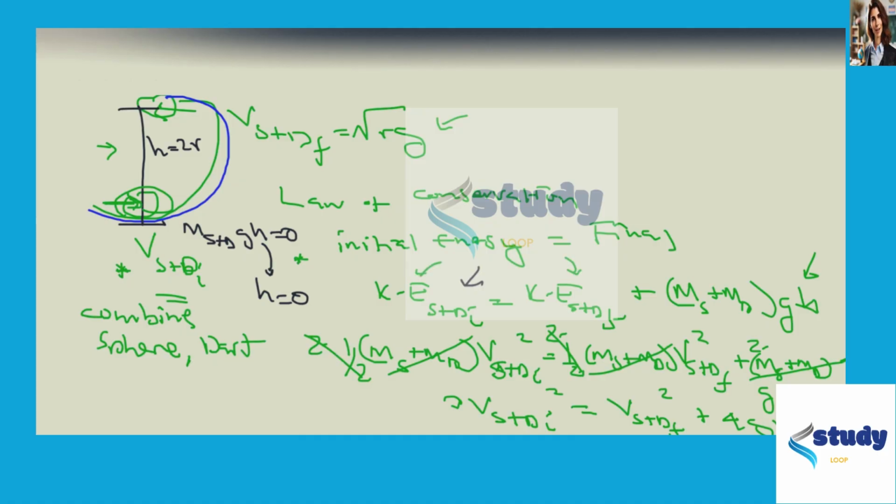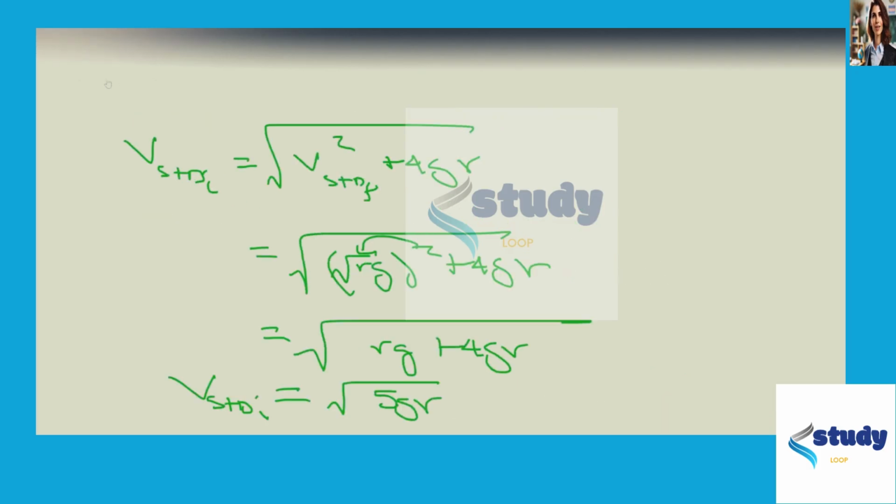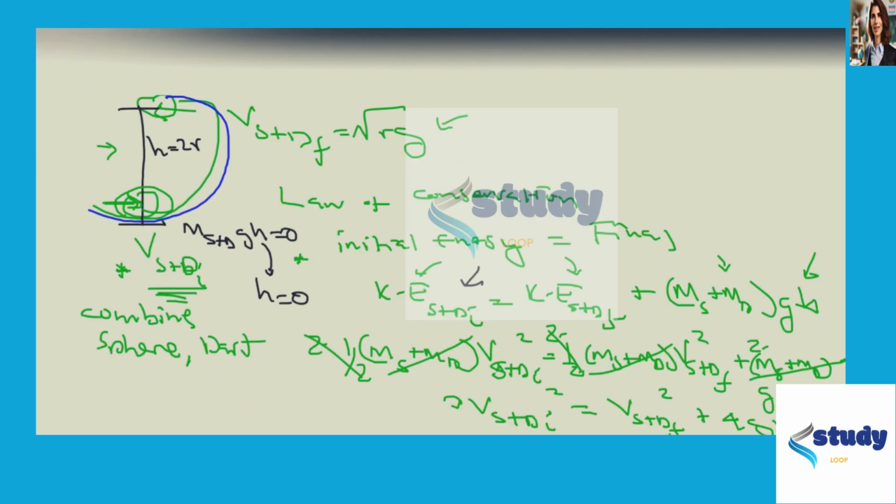We make those two equal to get the initial velocity just when they combine with each other, and that initial velocity is the square root of this value right here, this whole value.